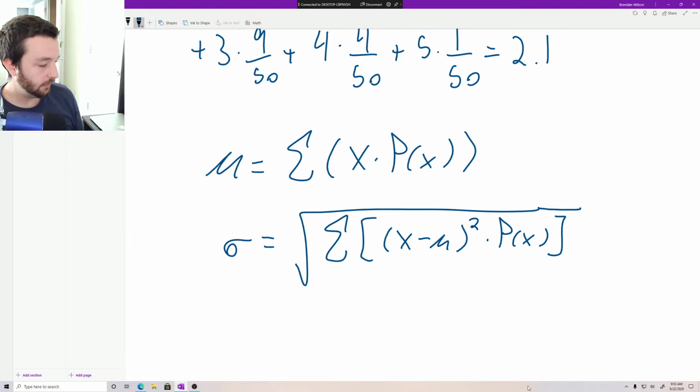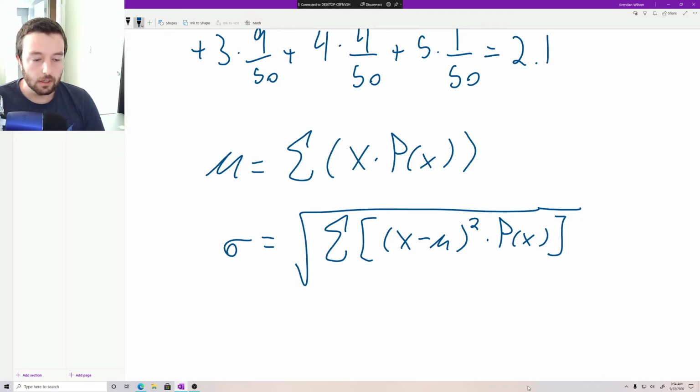Like I said, I'm not going to ask you to calculate this. It's the standard deviation of the PDF. So it's like the long-term average distance away from the center, away from the mean.